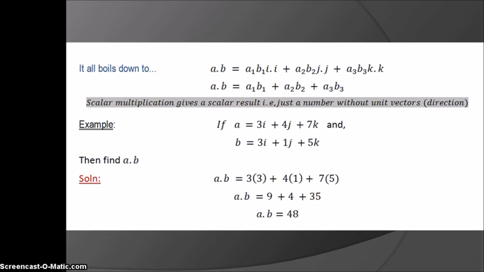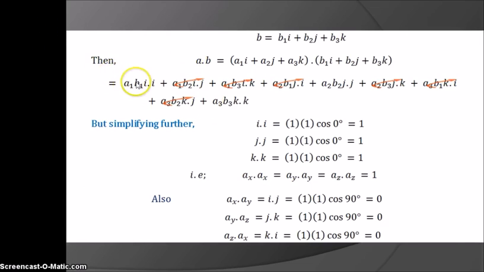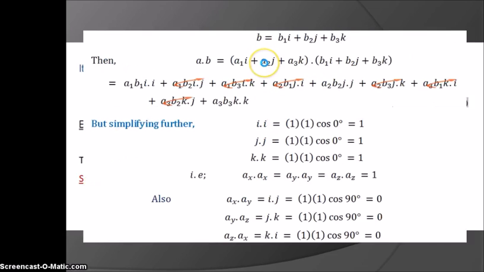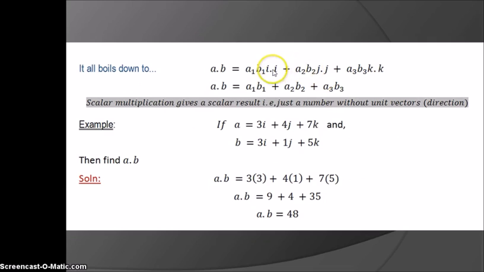So the whole of this boils down to a1 b1 i dot i plus a2 b2 j dot j plus a3 b3 k dot k, meaning this. But since i dot i, j dot j, and k dot k are all equal to 1, you can see that they will all go as well, because 1 multiplied by each of these would still give this.